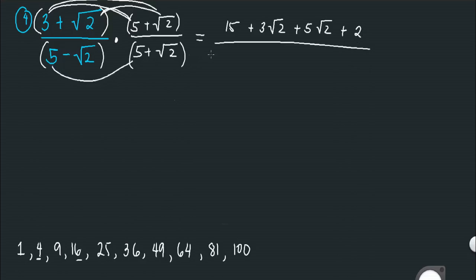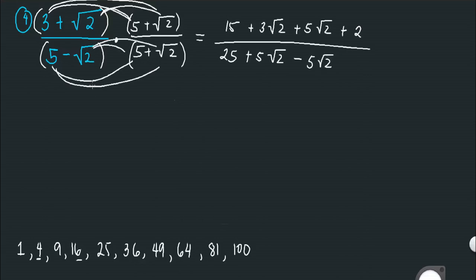Next, denominator naman. So, 5 times 5, 25. So, outer, 5 times square root of 2, we have positive 5 square root of 2. Inner, negative square root of 2 times 5, we have negative 5 square root of 2.